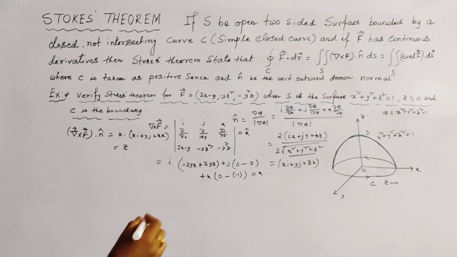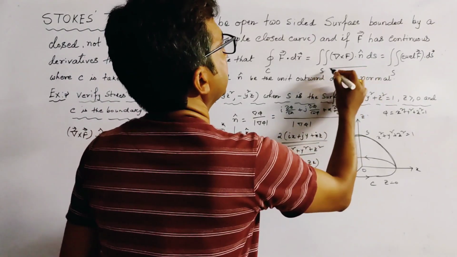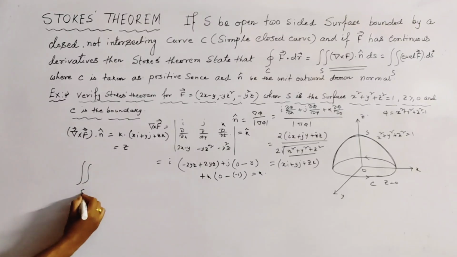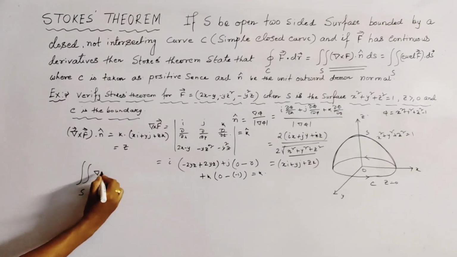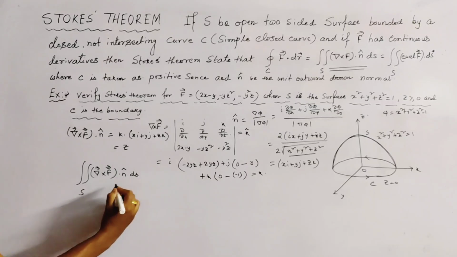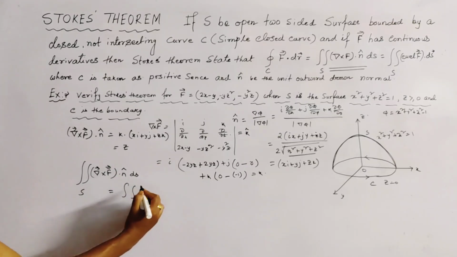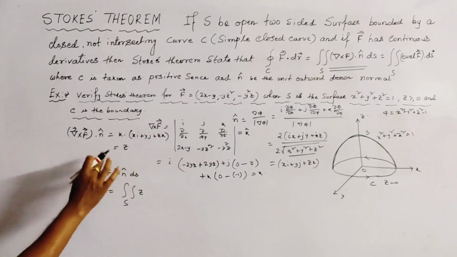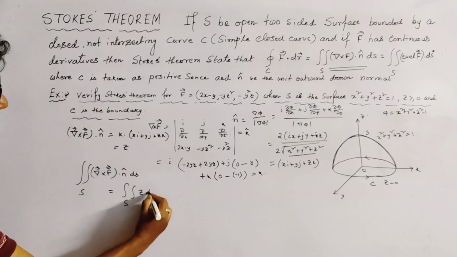Now we first find the right hand side integration, that is the surface integration. So we get the double integration over S of curl F dot n cap into dS, which is equal to the double integration over S of z dS.